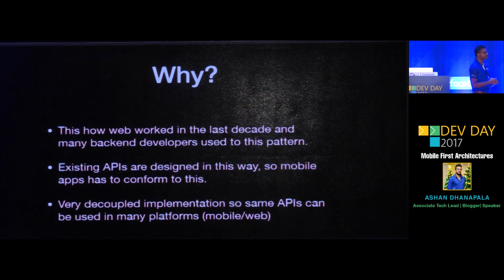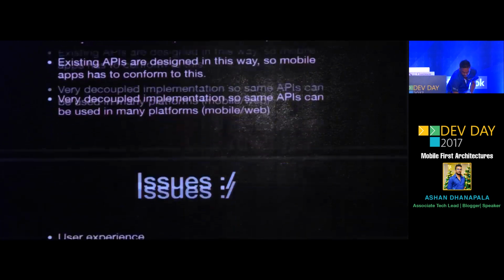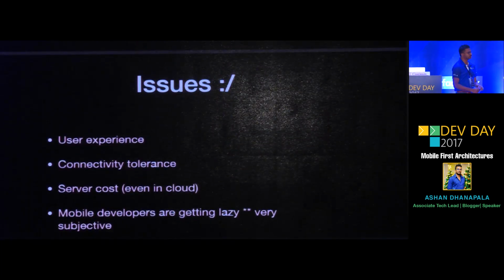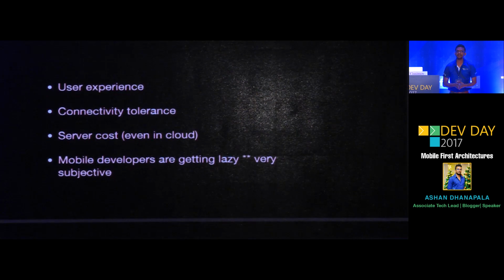And moreover, if you are a backend developer or a mobile developer, what you do is you expose a mobile API or a web API, and you use that on both web and mobile because it's easy and reusable. Moving on that way, you face so many issues: user experience, connectivity tolerance, server cost, and mobile developers are lazy.